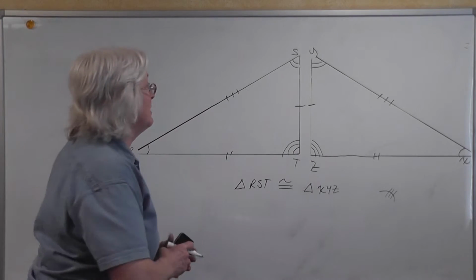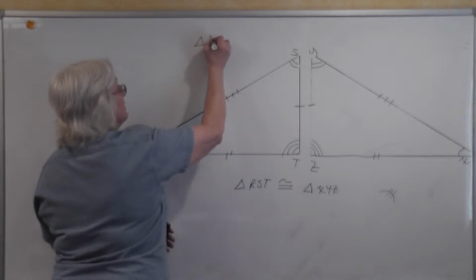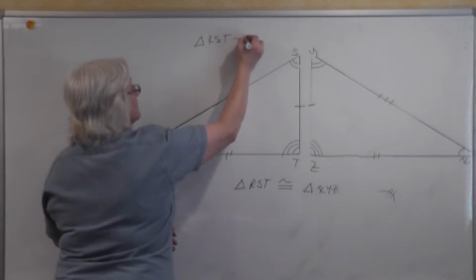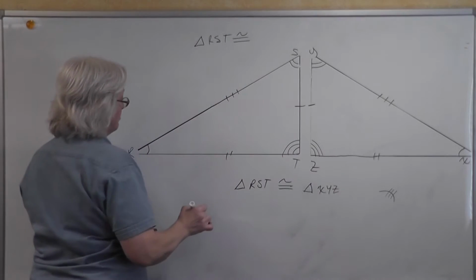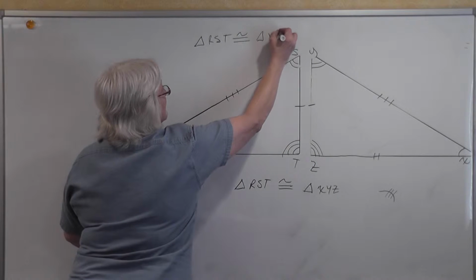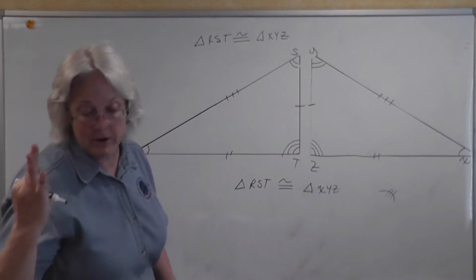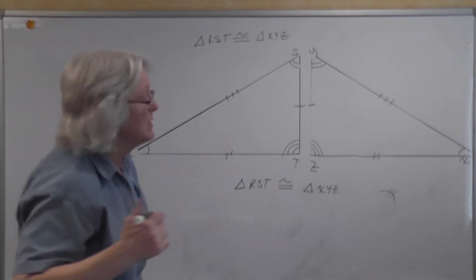Example number 1, they tell us that triangle RST is congruent to triangle XYZ. So they want to know 3 pieces of information first.